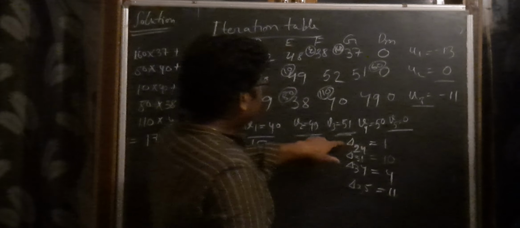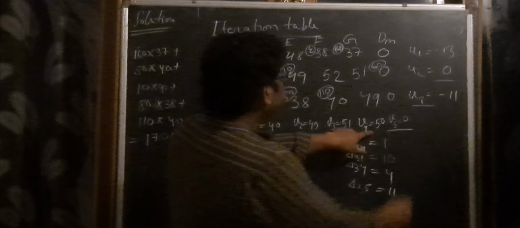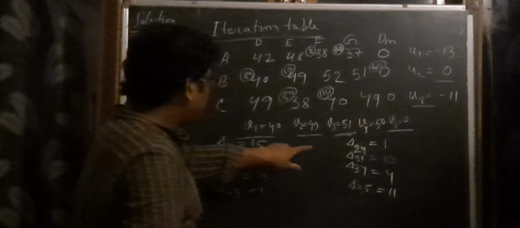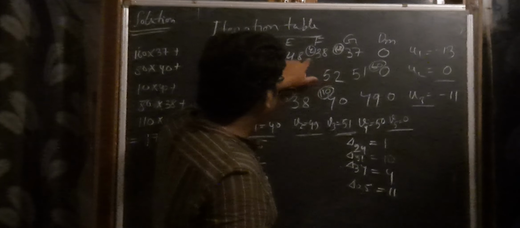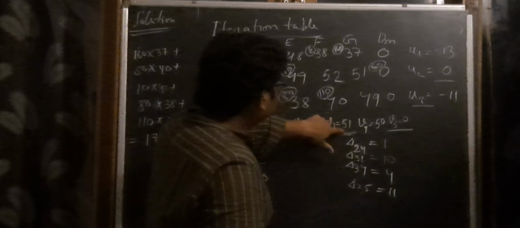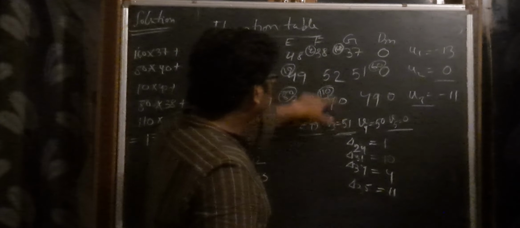And now V4 is there. So as it is 51, here is the allocation, 38 minus 51 is minus 13.